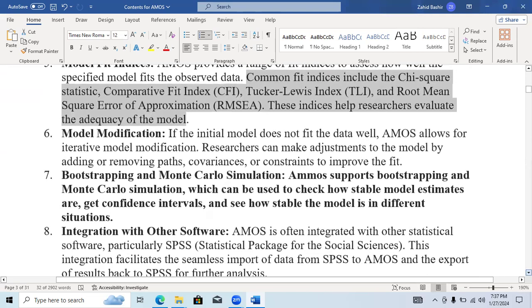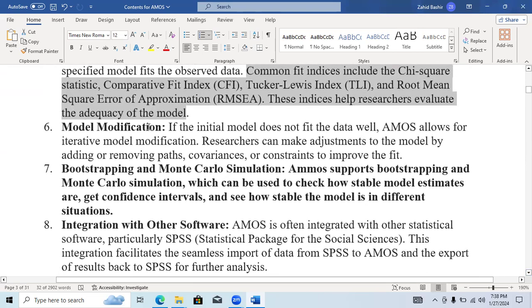This is another feature of model modification. If the initial model does not fit the data well, AMOS allows for iterative model modification. This is just a feature. If your model does not fit the data, it will provide some iterative model modification procedures that you can apply, and you will learn these things when I use AMOS with some data set.